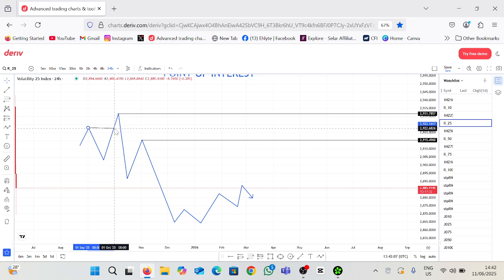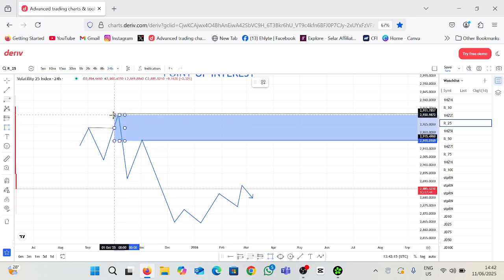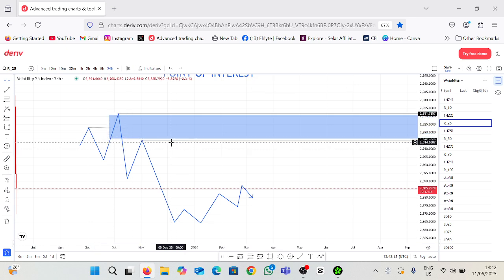The whole of this place now becomes our POI, our point of interest, because this is the point we want price to get to before it starts selling in the opposite direction. So price will get to that point, this zone, and start selling in the opposite direction.